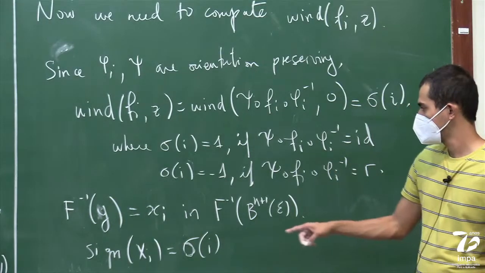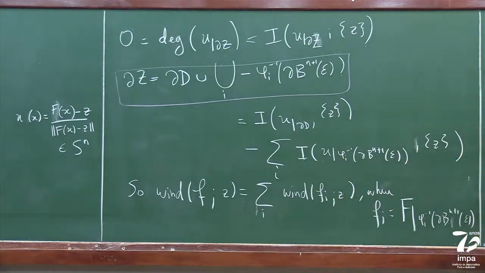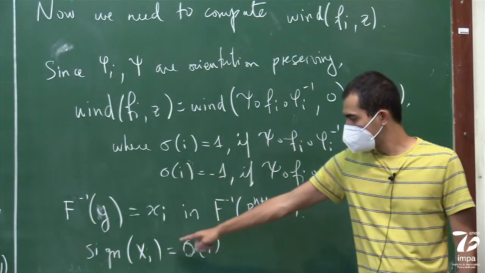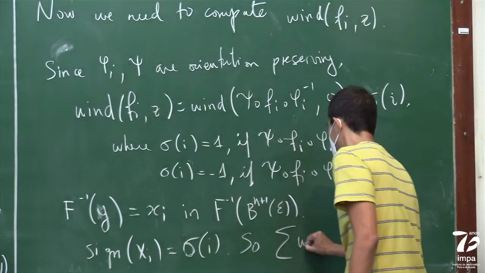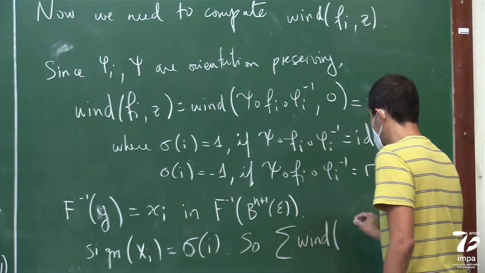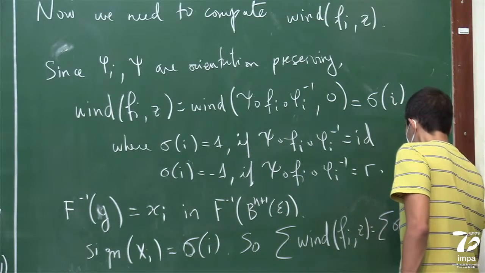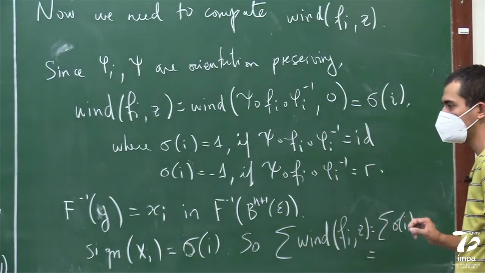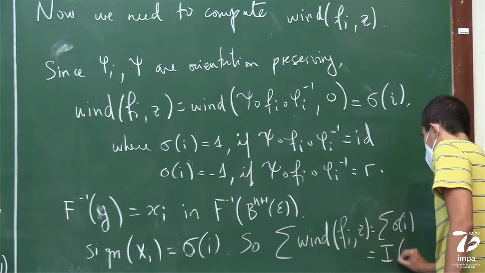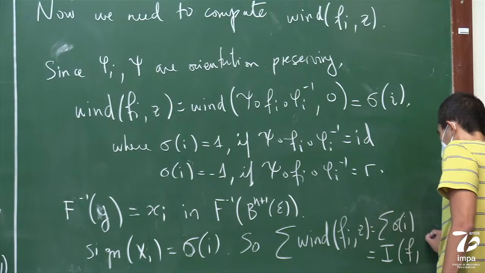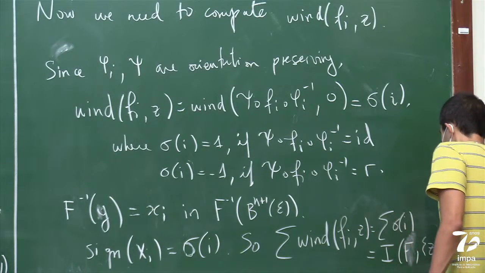Okay? So that means that the sum of these winding numbers is going to be the sum of these sigma i's. So it's just the sum of these signs. So the sum of the winding numbers of these Fi's with respect to z is the sum of the sigma i, which is equal to the intersection number of capital F with z.